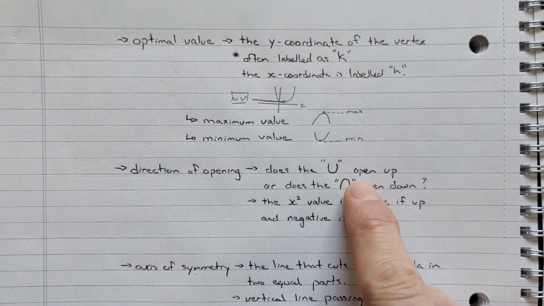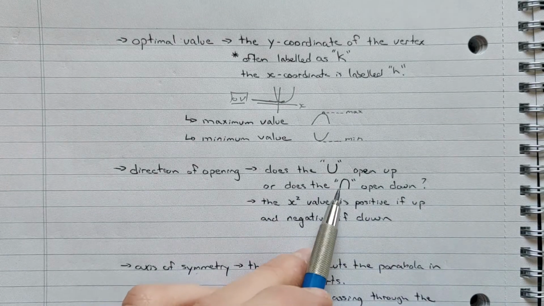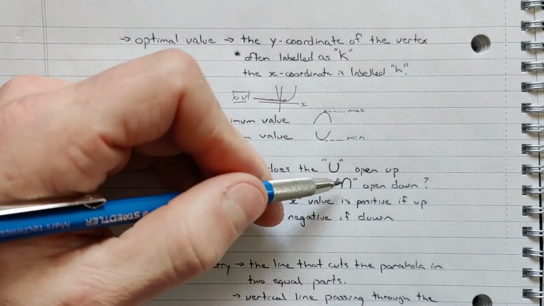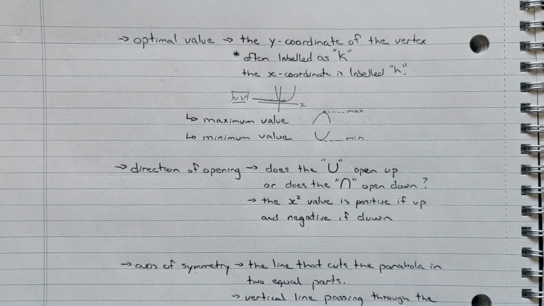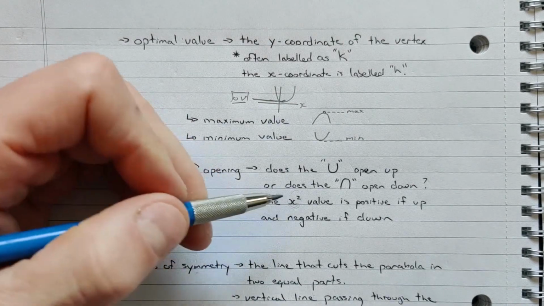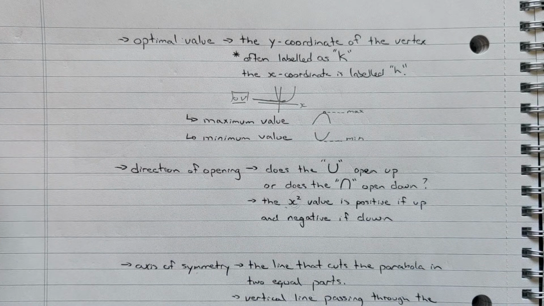Does the U open up like a traditional U, or does it open down more like an upside down U, or almost an N without the little line sticking up? So does it open up or down? You can visually see this, or if you look at the a in front of the x squared value, the coefficient there, if the coefficient is positive, it opens up. If it's negative, it opens down.